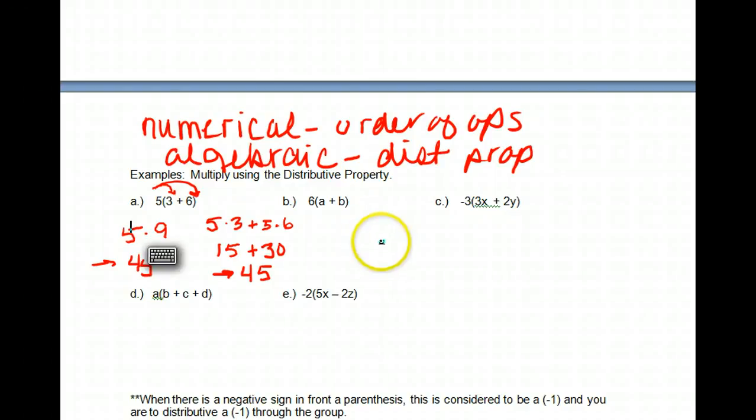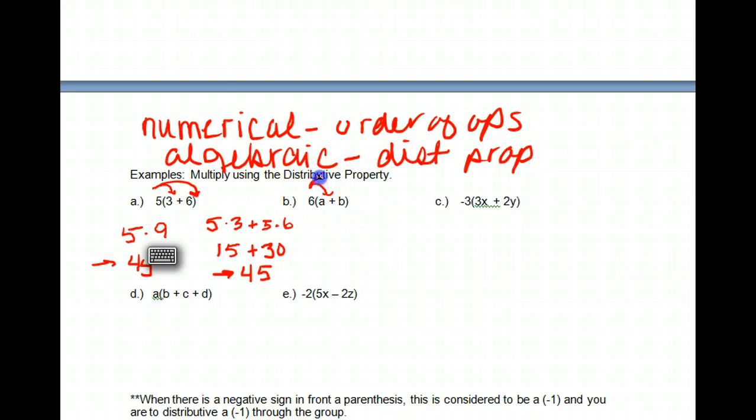We cannot do that. A and B are not like terms. The variables are different. They cannot be combined through addition. So what we need to do is use the distributive property in order to simplify that.